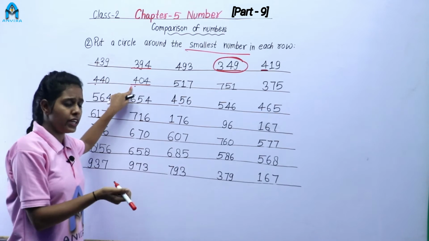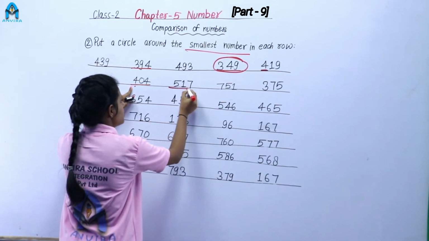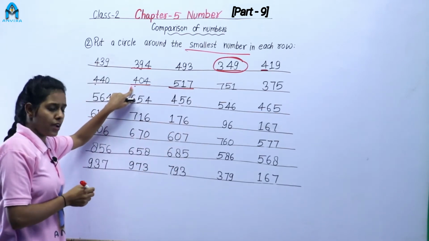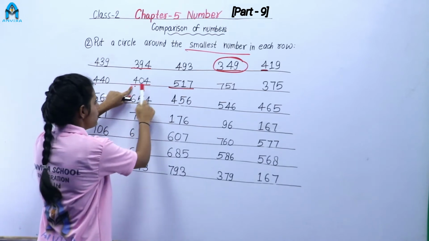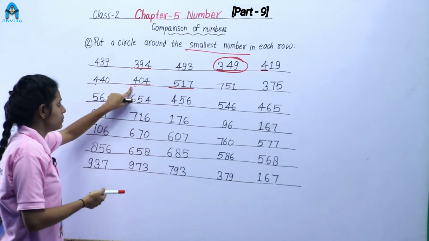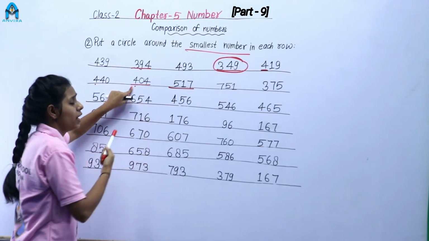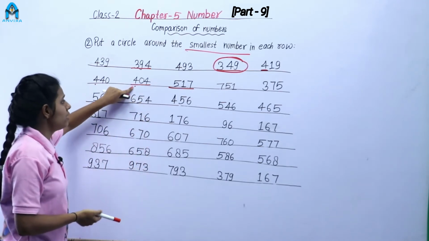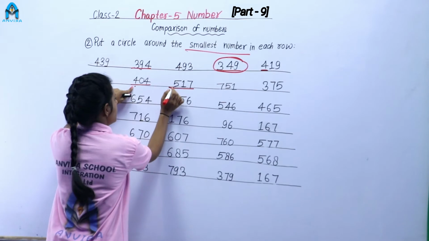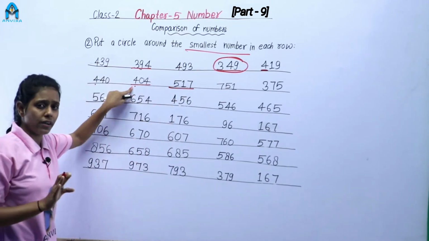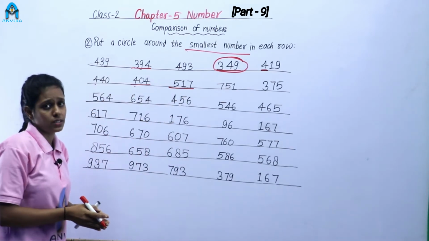Let's go to the next number. This is 517. So let's compare these two numbers. On the hundreds place there is 4 and here is 5. So tell me which is smallest?